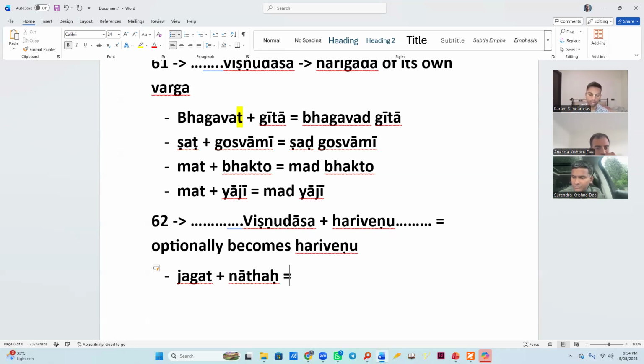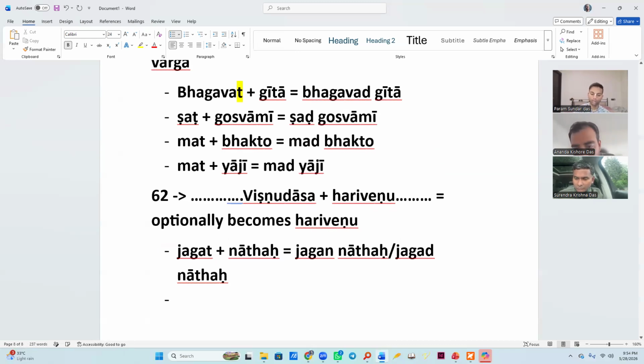So we get Jagan Natha. Because this is an optional rule, once it becomes Harivenu, and once we apply the previous rule, so ta becomes the third letter, that is Jagad Natha. Both are correct.